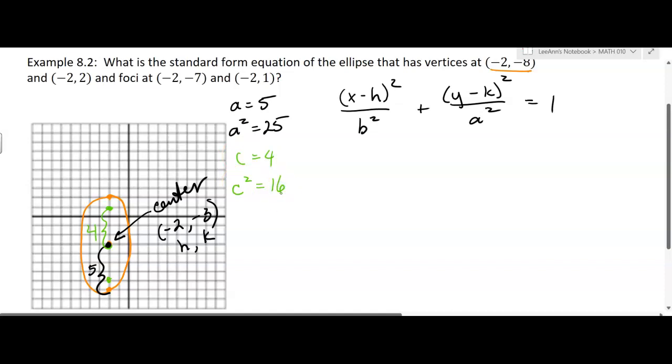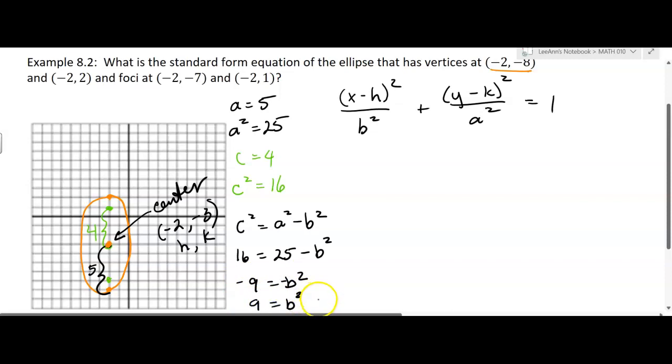Now, it doesn't matter if you go above the center or below. You can just count that off on the graph. And then I'm going to be able to find b, because c squared is equal to a squared minus b squared. My c squared is 16, my a squared is 25, so I can figure out my b squared. If I subtract 25, I get -9 equals -b squared, or 9 equals b squared.